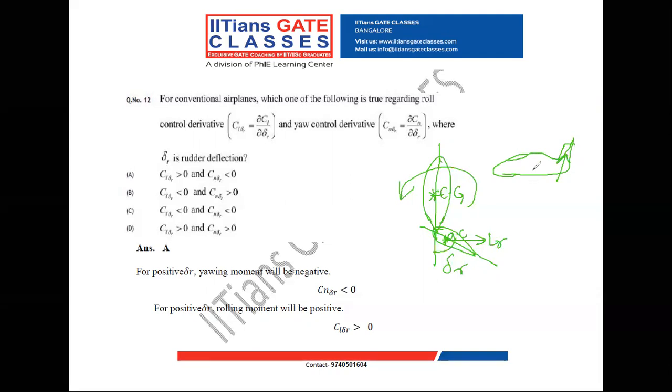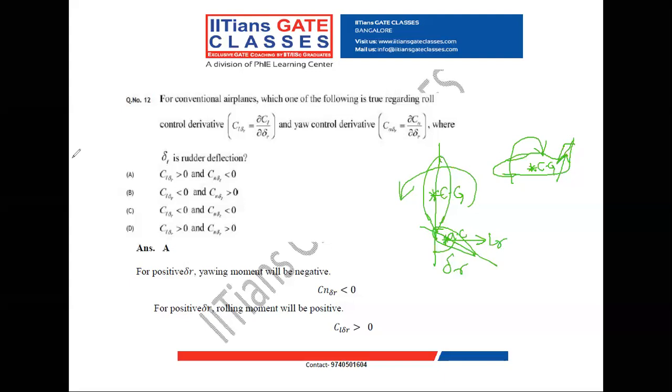Since CG is located somewhere here on the airplane, it creates a rolling movement towards starboard like this, that is towards right wing. So positive rudder deflection resulted in positive rolling movement, that is rolling towards starboard.